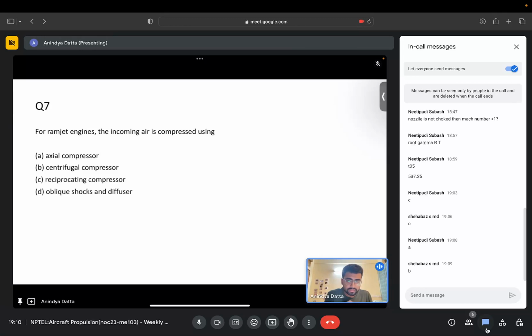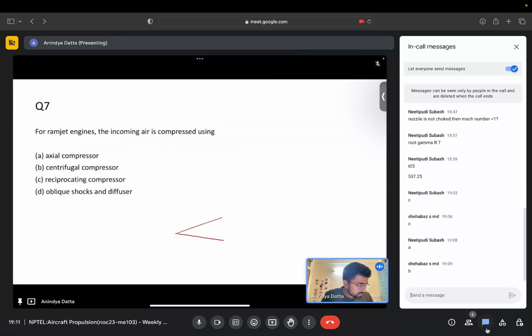For ramjet engines, the incoming air is compressed using, anyone? No guesses. Okay, so in ramjets, let me draw a schematic of the ramjet.